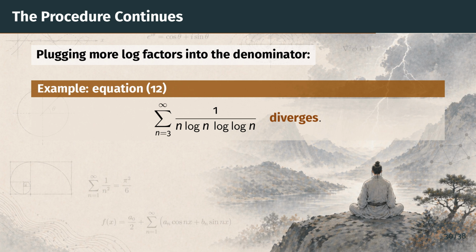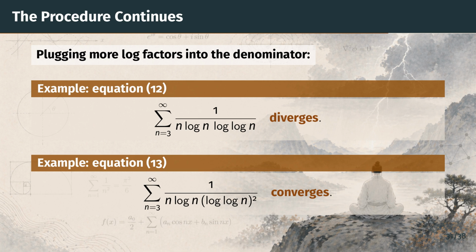You might hope that this extra factor finally tames the divergence, since it makes the terms even smaller. It does not. Running the condensation argument one more time reduces equation 12 to a harmonic-type series, which we already know diverges. So equation 12 diverges as well, even though its terms shrink faster than those of any divergent p-series.